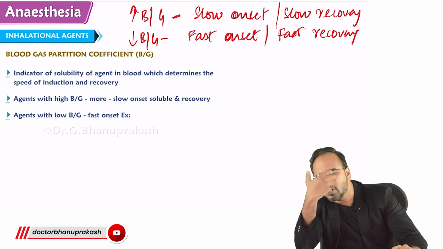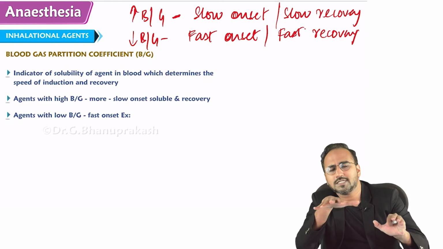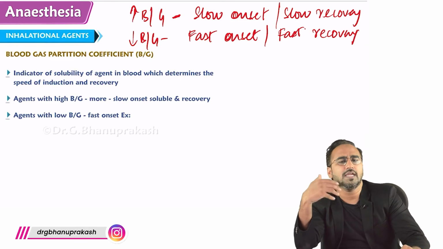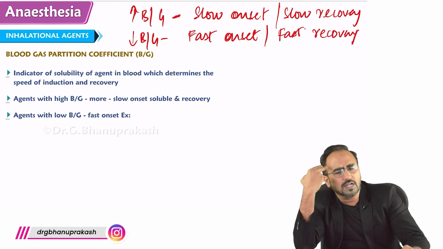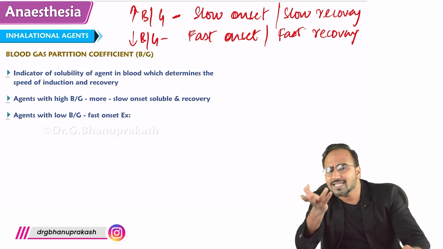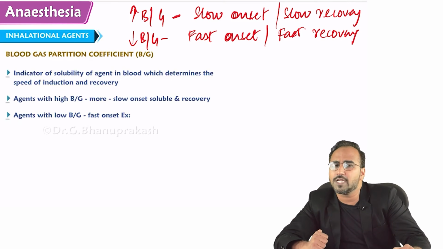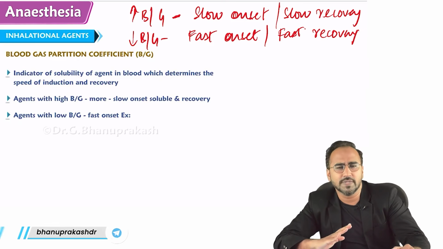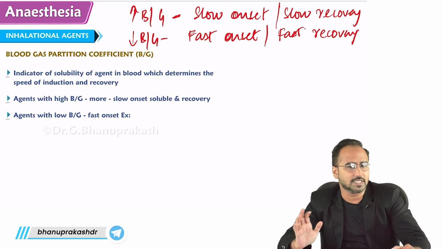From the lungs, they go to the blood, and they settle down in the blood. They are soluble in the blood, so less amount of it will go to the brain. If less amount of inhalational agent is going to the brain, how will be the speed of onset? The speed of onset will be slow. It will be slow onset and slow recovery.